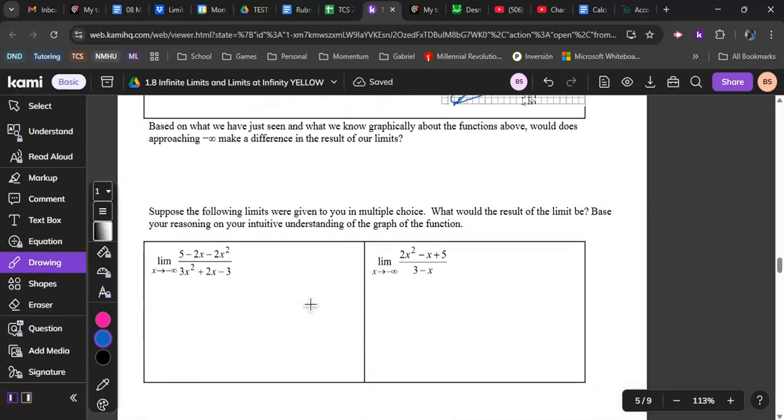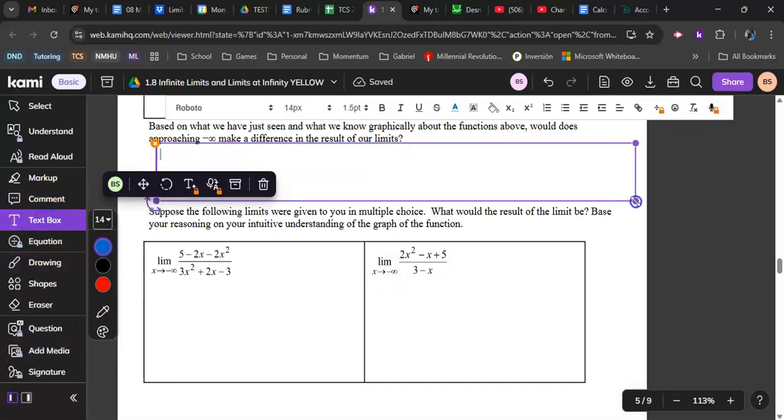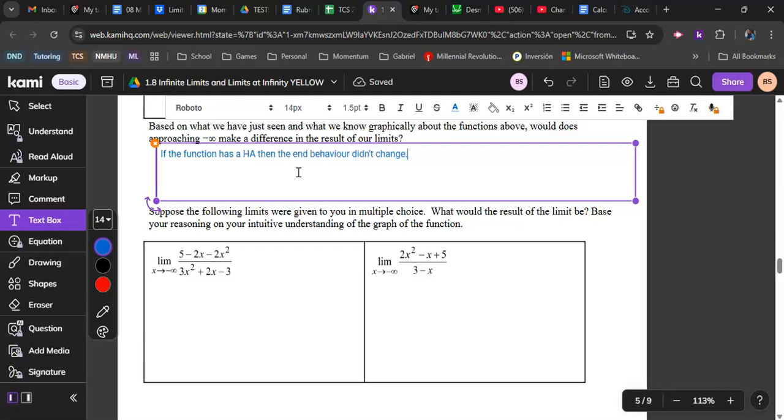All right. So based on what we just saw, what difference does approaching negative infinity make to the result of our limits? Well, it makes a difference only in one of the 2 cases. If the function has a horizontal asymptote, then the end behavior didn't change.